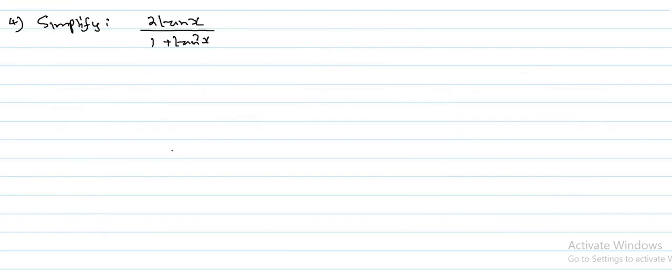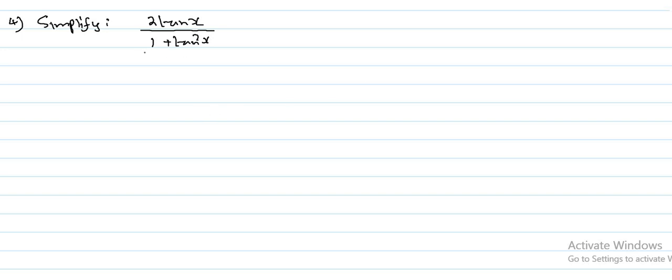Number 4, they say simplify 2 tan x all divided by 1 plus tan squared x. Remember I said every time when you see tan, you must express it in terms of sine over cos.